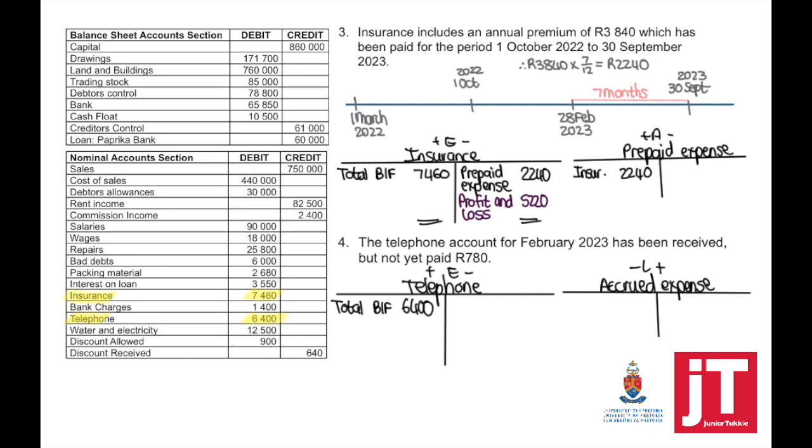To accrued expense, which means that telephone is going to be debited, account credited, accrued expense. There's no calculation involved here. The figure was given. At the end of the accounting period, all expenses are closed off, which means that telephone is closed off to the profit and loss account.